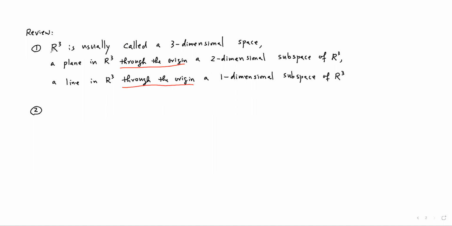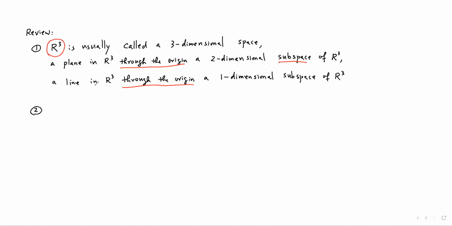We usually call R3 a three-dimensional space, and a plane in R3. This plane passes through the origin. We call a plane through the origin in R3 a two-dimensional subspace of R3.